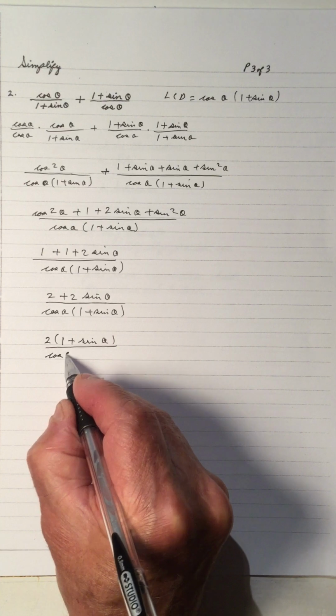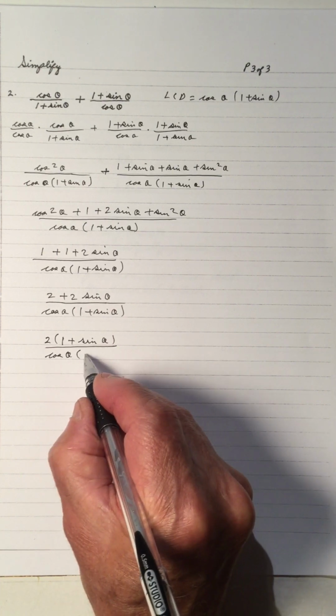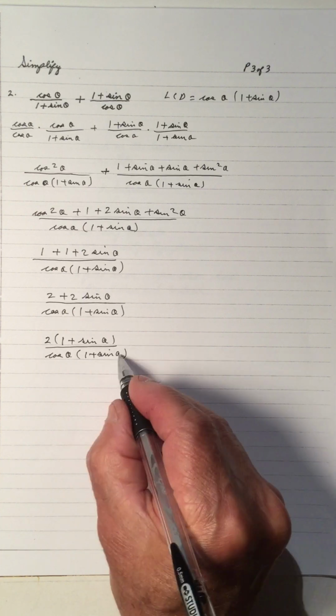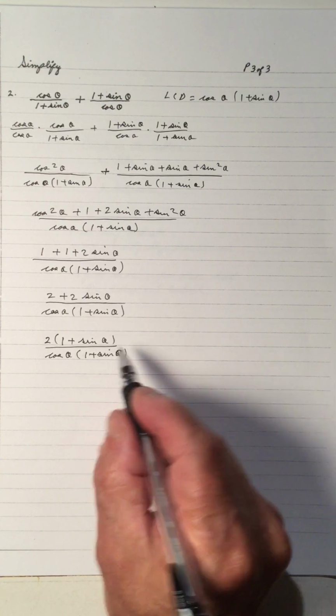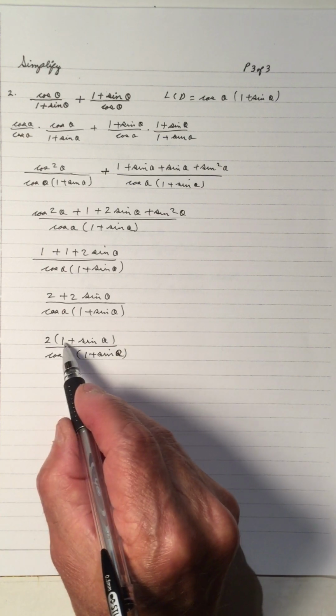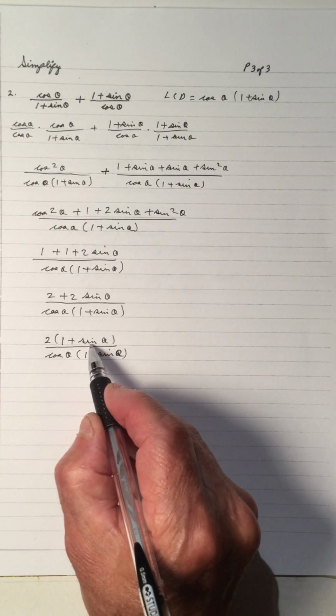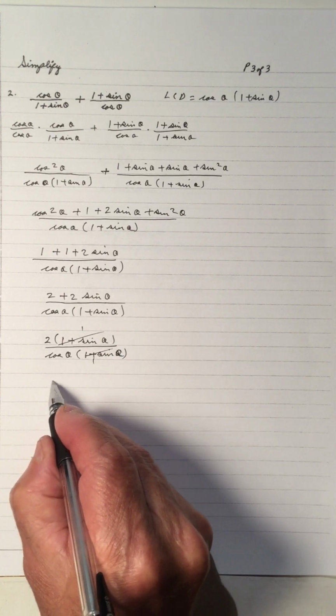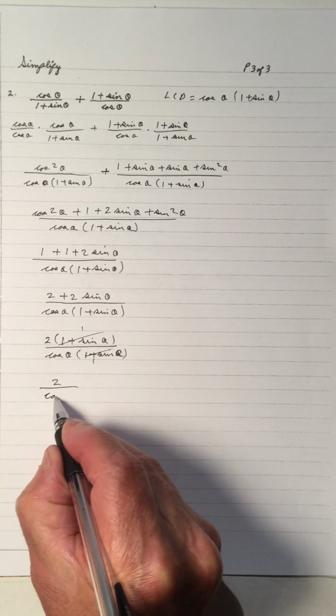All over cos times 1 plus sine. Notice this is factored and this is factored. So 1 plus sine is right here, 1 plus sine is here. They cancel out. So we get 2 over cos.